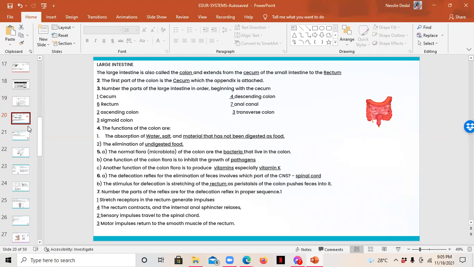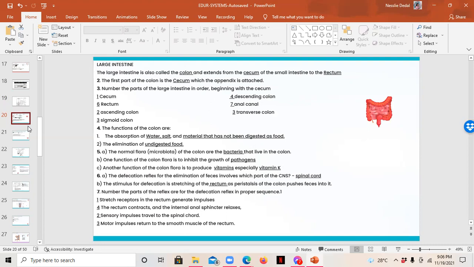Large intestine. The large intestine is also called the colon and extends from the cecum of the small intestine to the rectum. Number 2. The first part of the colon is the cecum, to which the appendix is attached. Number 3.